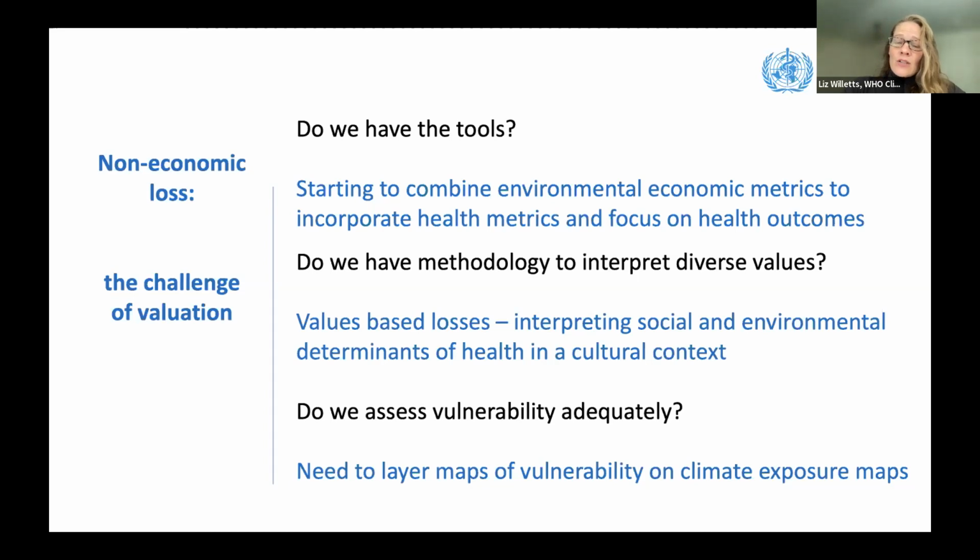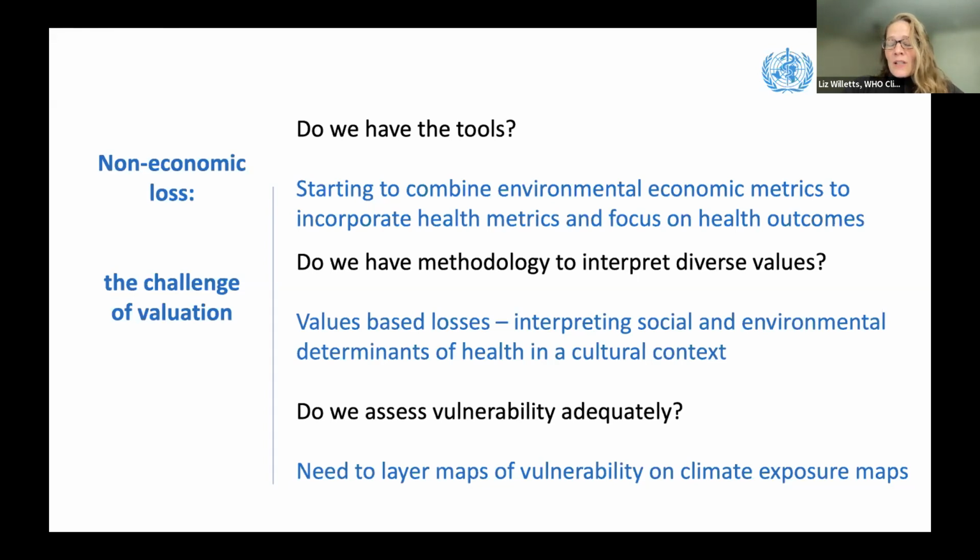And the second issue with valuation, which is strongly highlighted in the Intergovernmental Science Policy Panel on Biodiversity and Ecosystem Services, who just put out a valuation study, is whether we have the methodology to interpret diverse values of non-economic loss.